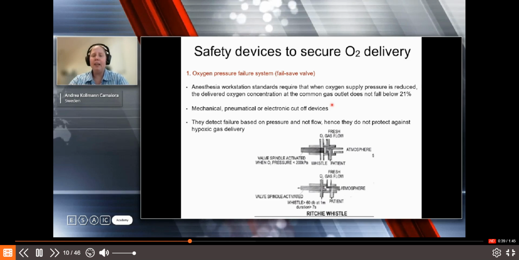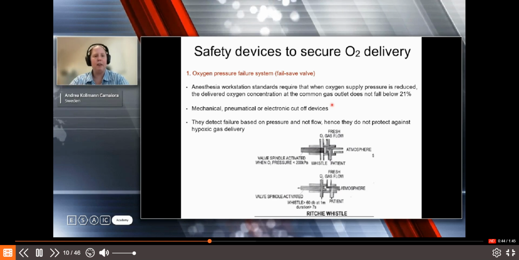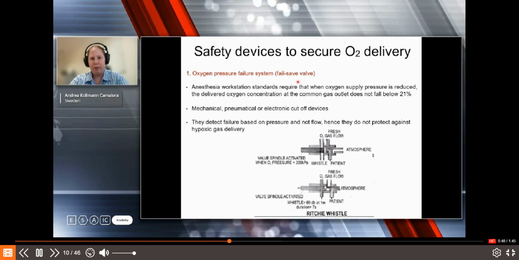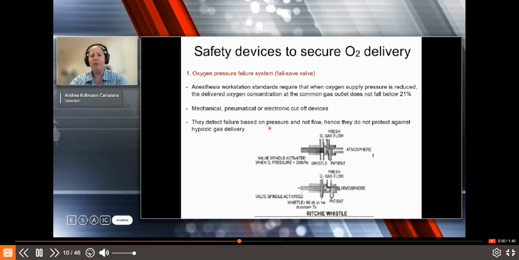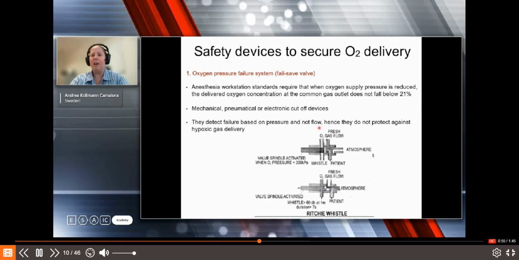So there are mechanical, pneumatic, and electronic cut-off devices that prevent this from happening. And they detect failure, this one, the fail-safe valve, it detects failure based on pressure and not flow.